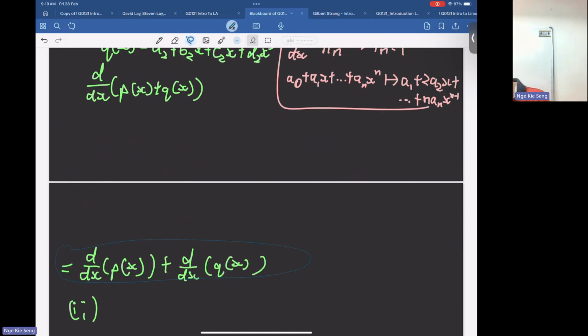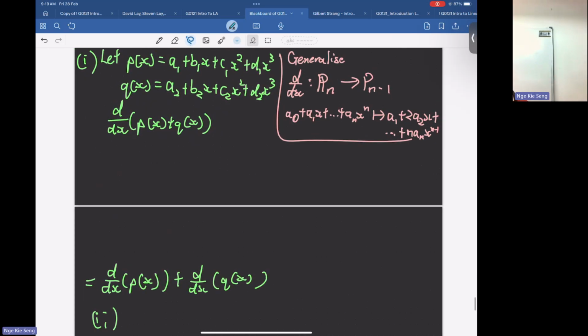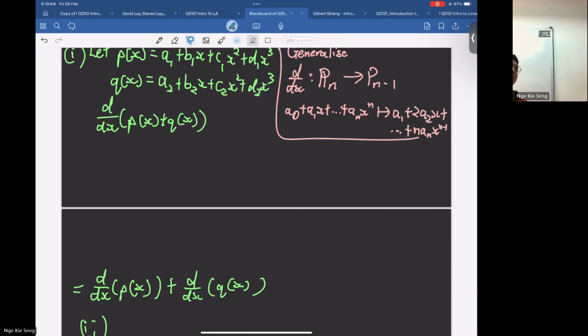I want to teach you another method to do math: you could do math backward. If you compare these 2, this is easier to understand, because we defined the differentiation operator on a single polynomial just now. Since we want them to be equal, maybe we can work backward.